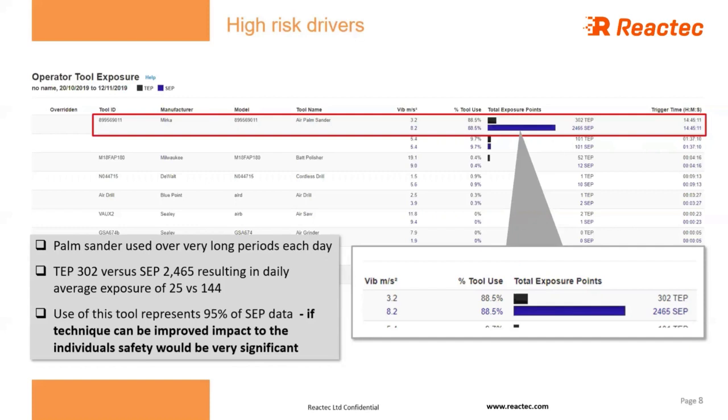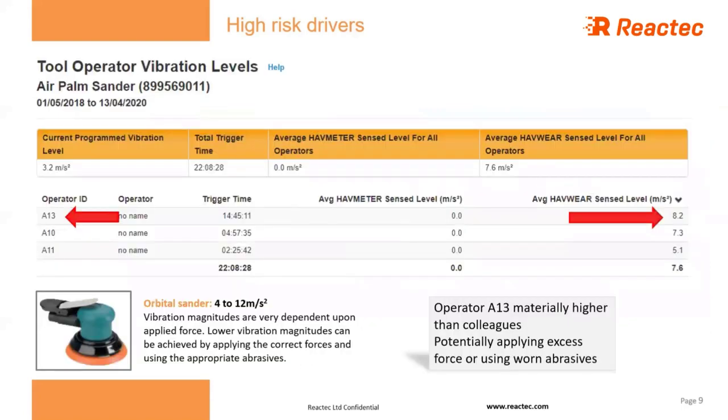And this tool represented 95% of his overall exposure over all the other tools that he used in his working day. So obviously, if we could address this issue of why his vibration magnitude was so particularly high with this tool, we would massively impact his overall risk.